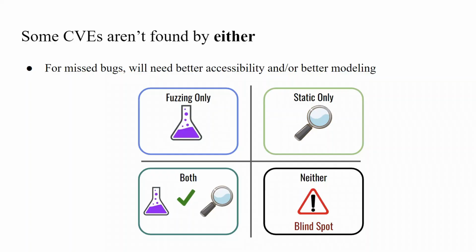And that doesn't mean that you shouldn't use fuzzing or static just because there is that blind spot. It just means you're either going to have to get deeper access for the fuzzing, be able to reach different branches, or model the static analysis better, or just configure it differently. And sometimes you might just have to use an entirely other method.